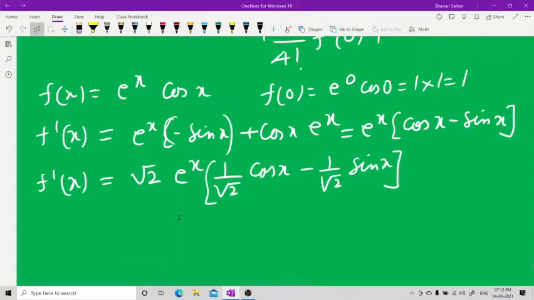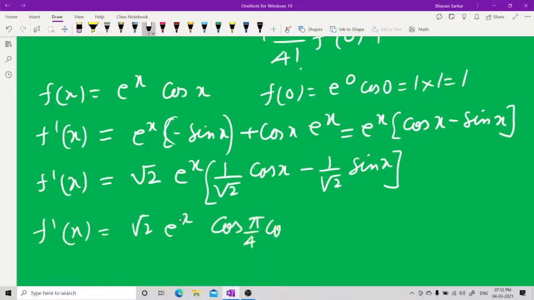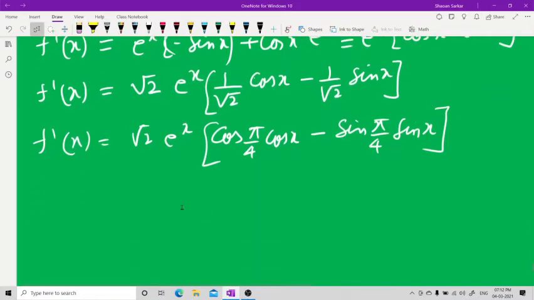That is the thing. Now f dash x is under root 2 e to the power of x times cos pi by 4 cos x minus sin pi by 4 sin x. And cos a cos b minus sin a sin b is cos a plus b.